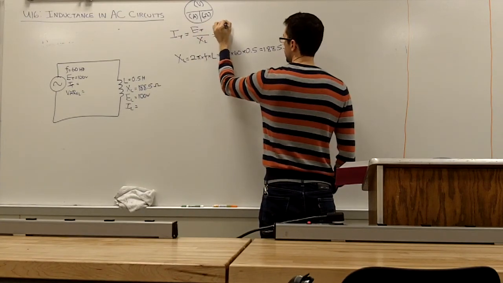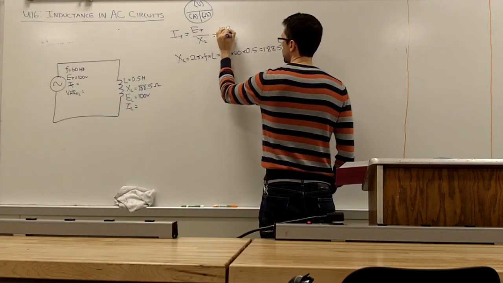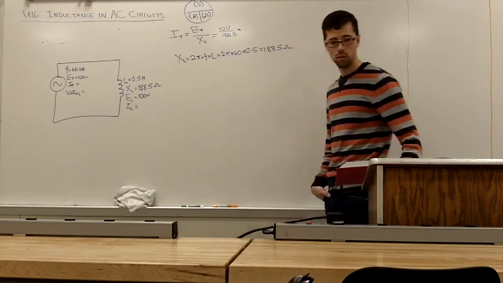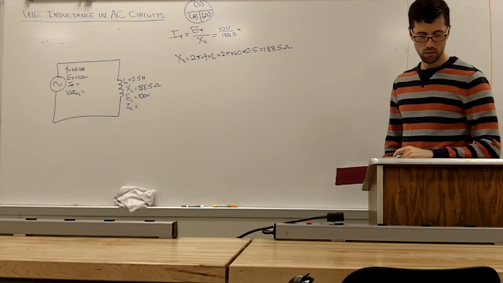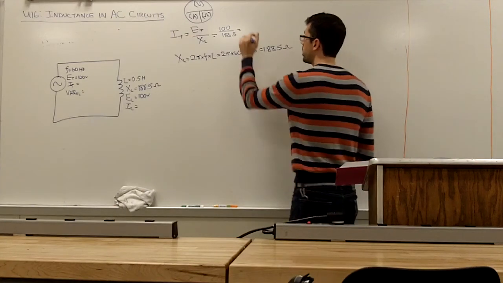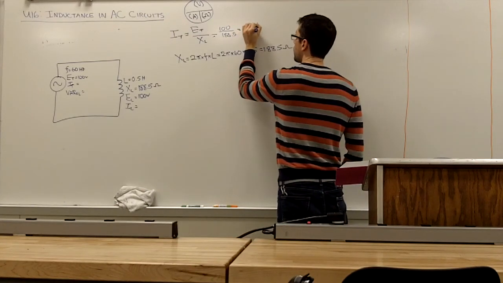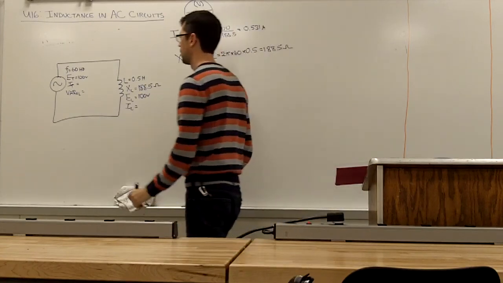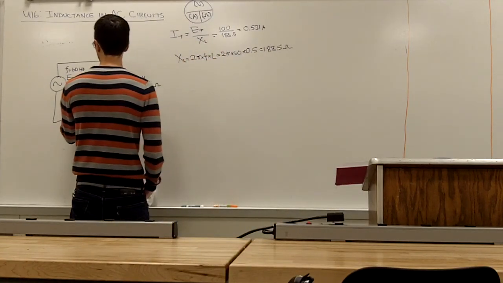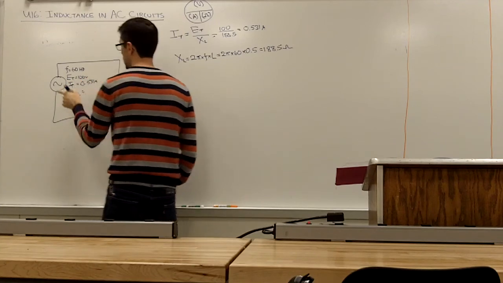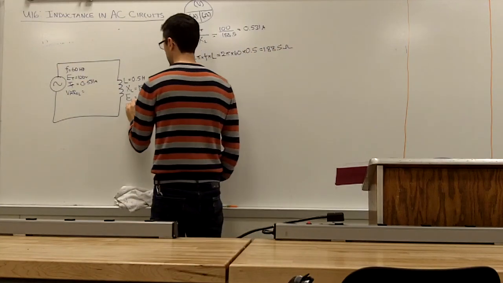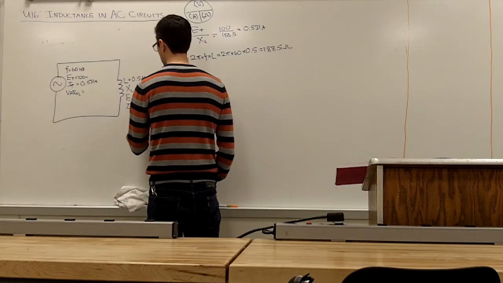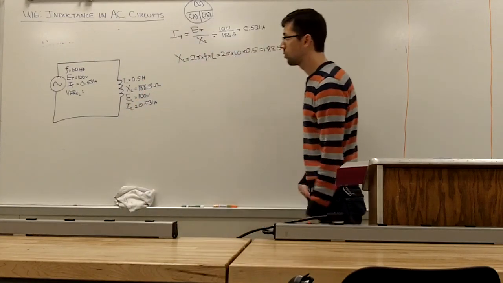So 100 volts divided by 188.5 ohms gives me 0.531 amps. This is a simple series circuit, so the current is the same everywhere. So I'm also going to have 0.531 amps through the inductor.